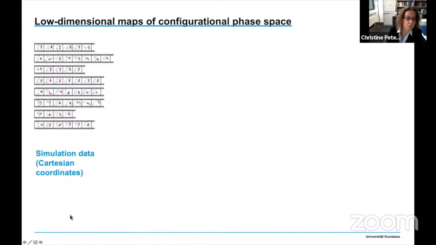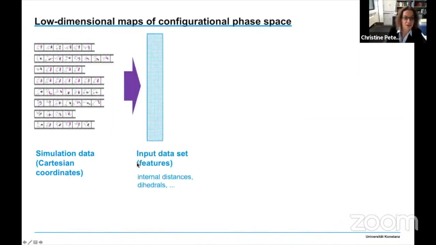So what do we do? We have our simulation data in Cartesian coordinates. The general workflow is we need some sort of input data set, internal distances or dihedrals, which describe the conformations. If we want to compare coarse-grained and atomistic resolution levels, we obviously need features that exist in both levels of resolution.